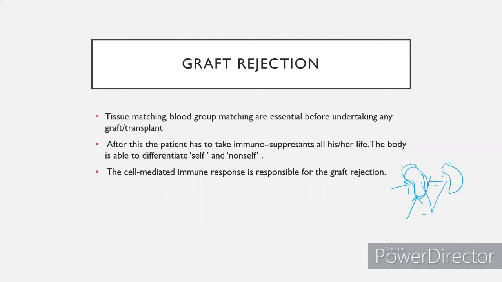So the body will immediately produce antibodies or immune cells against this kidney, and it will damage the kidney. So this person has to take immunosuppressants all their life, because they have to deactivate their immunity level so that the antibodies are not produced against this particular organ.